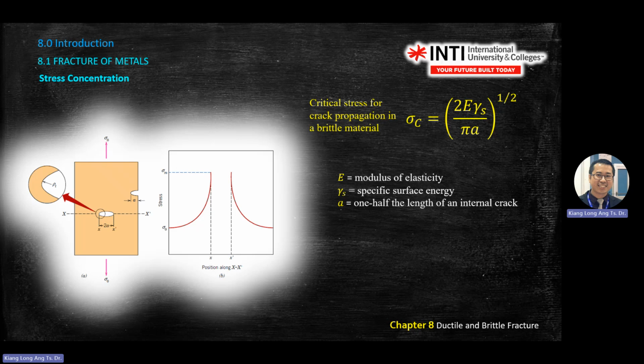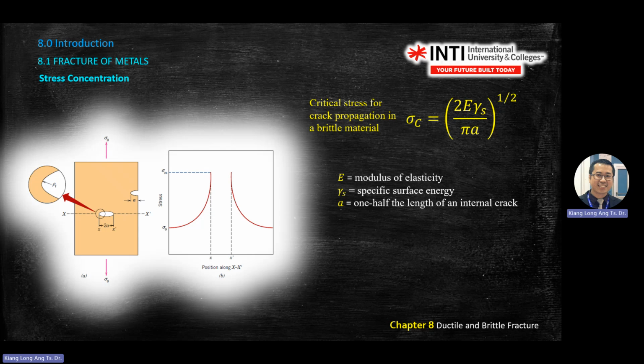No, this one you calculate already. The question will ask you, under this stress, what will be the size of the crack? Or if you're given this crack, what is the expected stress on the object?